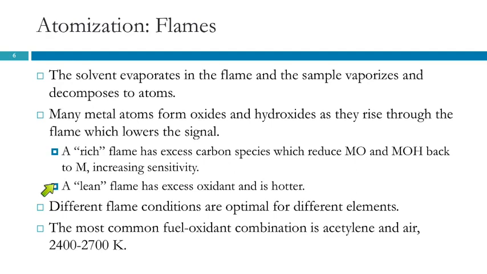If you have a lean flame, it has extra oxidant, so excess air or oxygen or whatever you're using, and that will get you a hotter flame. So different flame conditions are optimal for different elements, but that's one of the things that can be altered to make the analysis work.